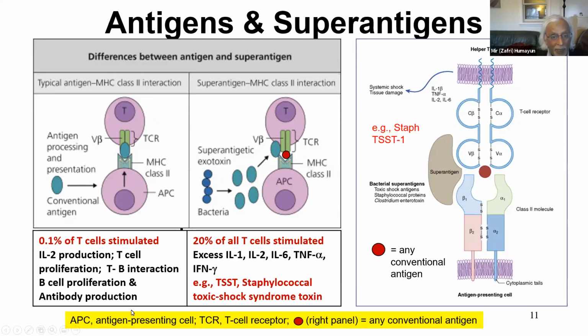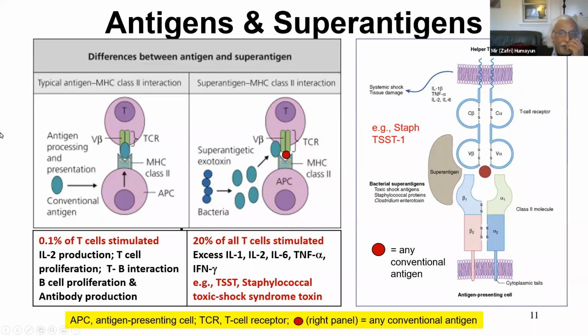That is shown diagrammatically on the left side, and the same point is made in a somewhat more elaborate diagram on the right side. An example of a superantigen is an exotoxin produced by Staphylococcus aureus called TSST1, that stands for toxic shock syndrome toxin 1.